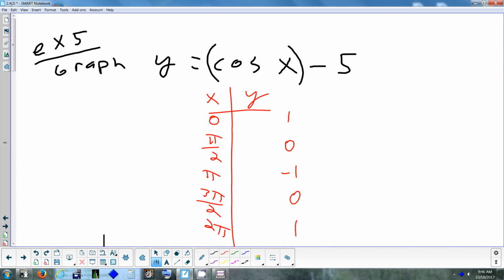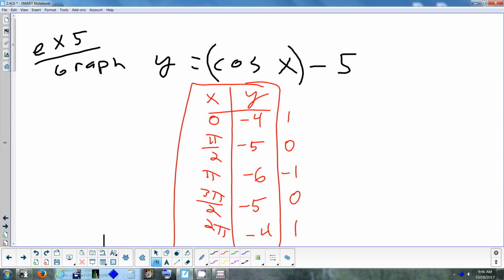Perfect. And how about Zach? Can you tell me my new y values after I subtract 5 from all of them? Negative 4, negative 6, negative 5, negative 4. Perfect. And there's your y values.